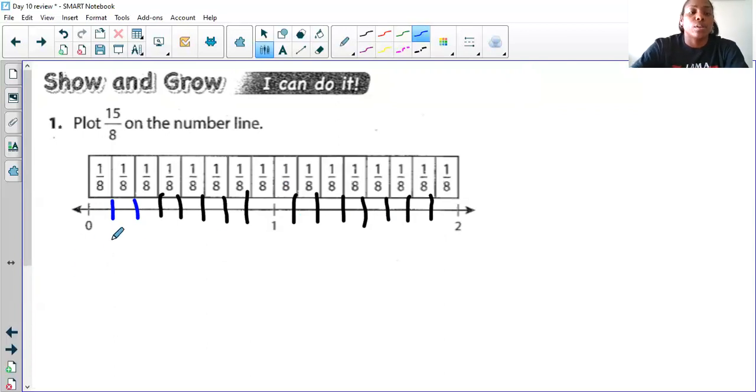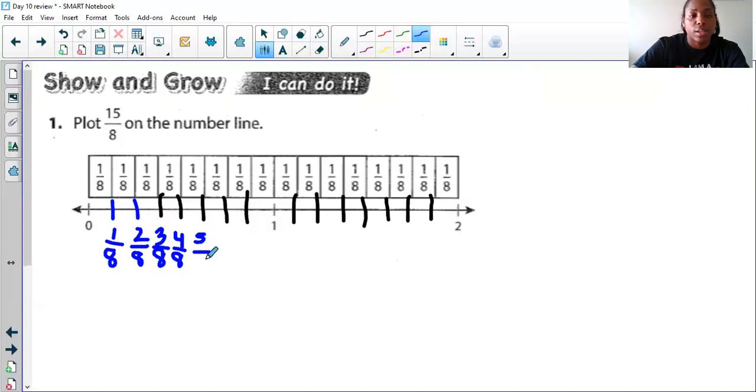All right, so this would be 1/8, 2/8, 3/8. This is going to get a little more challenging the closer I get. 4/8. 5/8.